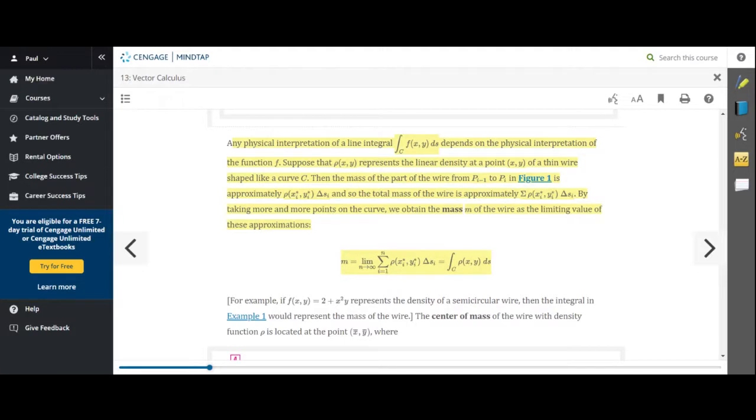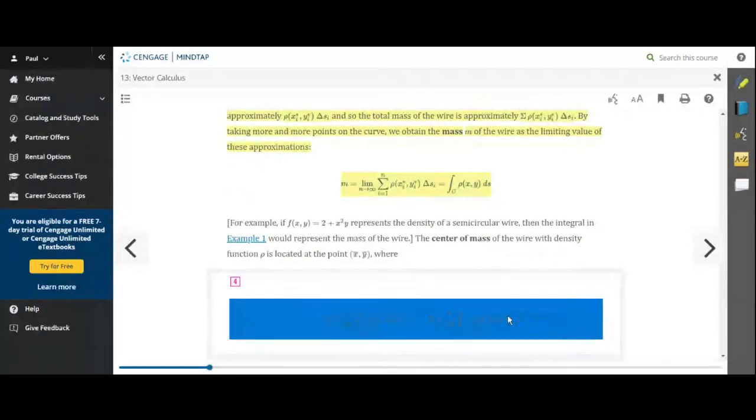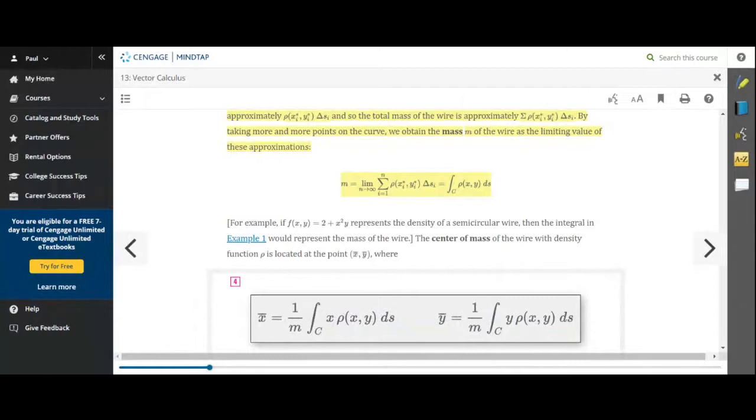And if you have the mass of the wire as this line integral, then the center of mass can be represented as the x bar and the y bar. You've seen center of mass before, but line integrals are involved in finding the centroid. Has anybody seen these kinds of formulas maybe in one of their physics classes? I'm just kind of curious.